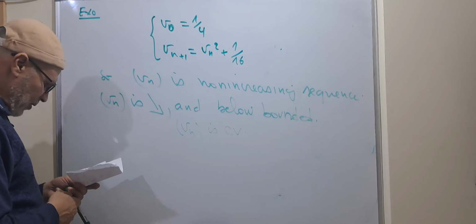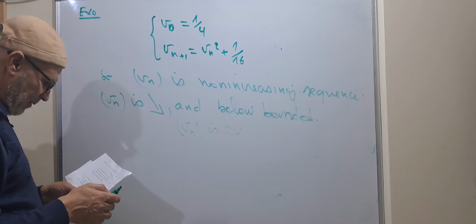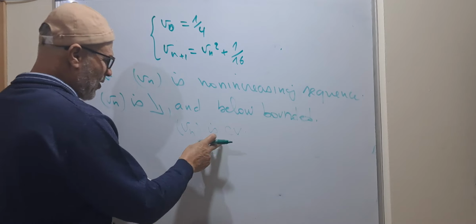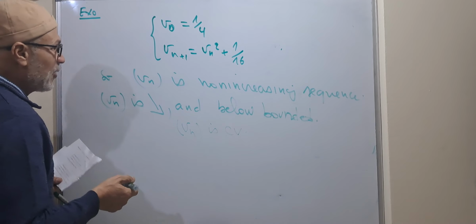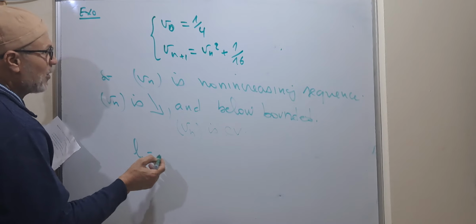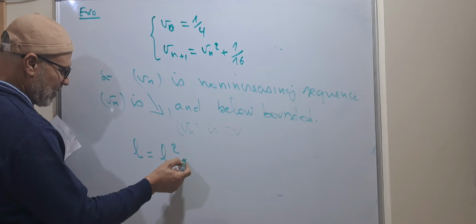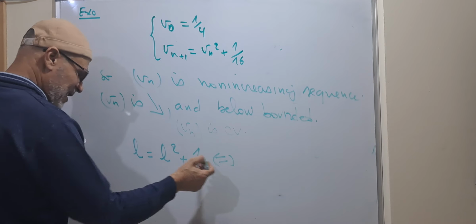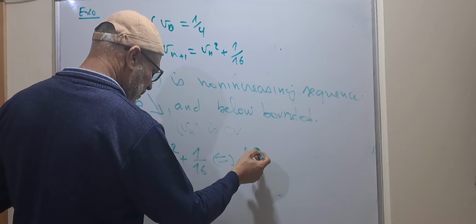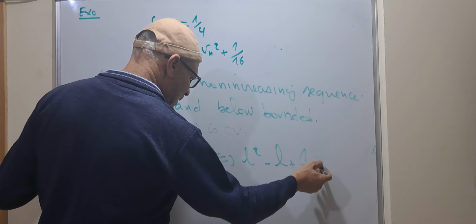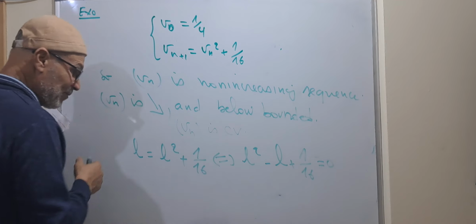The last question: deduce the nature of Vn and find its limit, if it is convergent. The nature: it is convergent. The possible limit should verify L equal to L square plus 1 over 16. This means L square minus L plus 1 over 16 equal to 0.